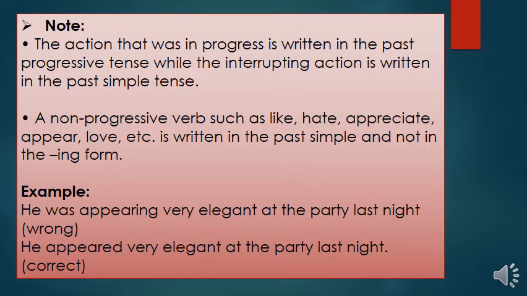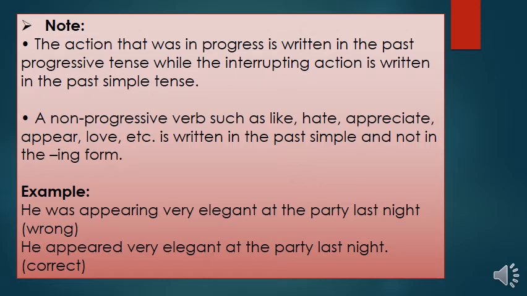Here are also some very important notes. I explained this before: the action that was in progress is written in the past progressive, and the action that interrupts the other action is written in the past simple.